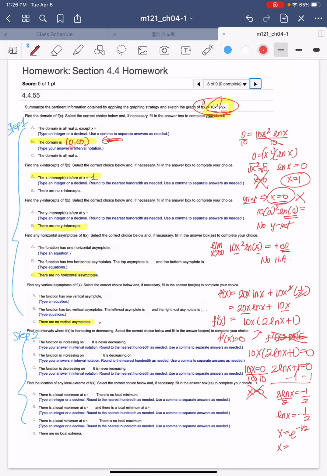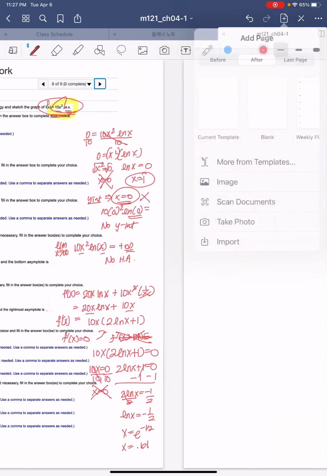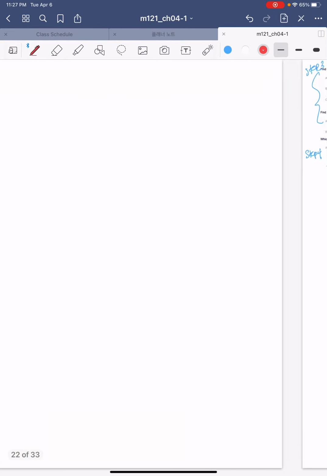Using the calculator, rounded to 2 decimal places because it's asking you to eventually round to the hundredth place, I'm getting 0.61. So there is one possible critical value, 0.61. And then let me use my number line to check.